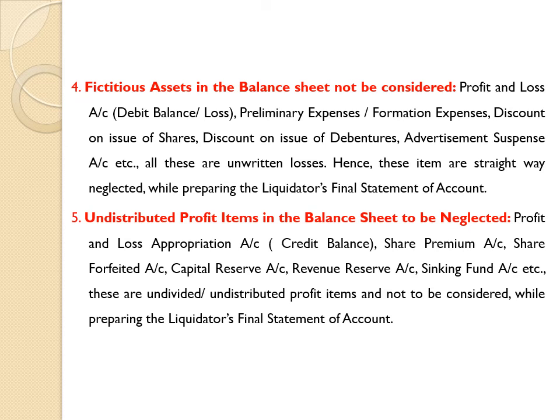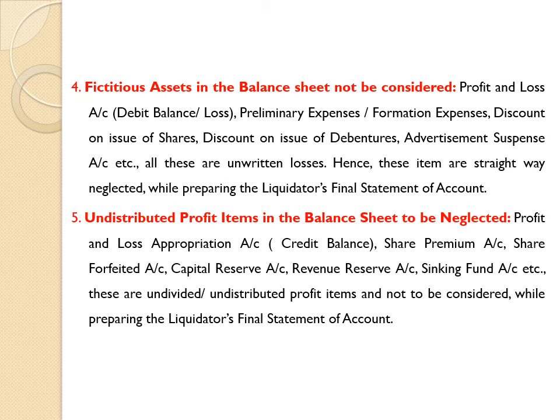For example, profit and loss account debit balance or loss, preliminary expenses or formation expenses, discount on issue of shares, discount on issue of debentures, advertisement suspense account, etc. All these are unwritten losses.